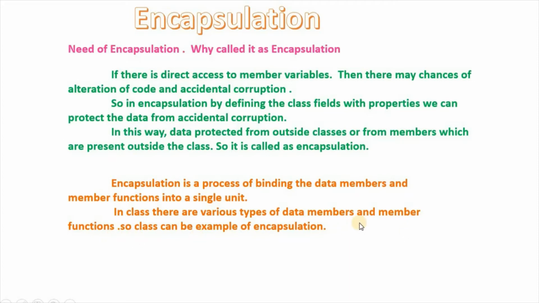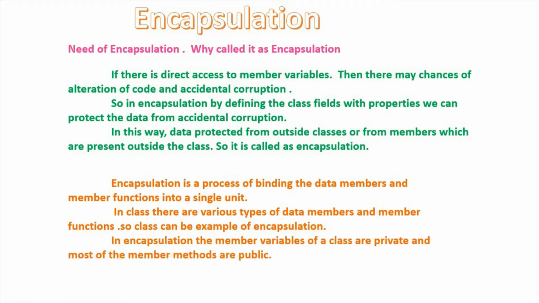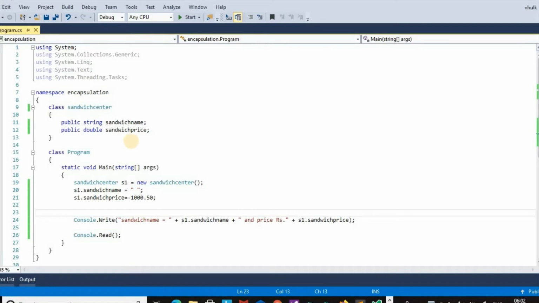So a class can be an example of encapsulation. In encapsulation, the member variables of a class are private and most of the member methods are public. In encapsulation, we make these public variables private.